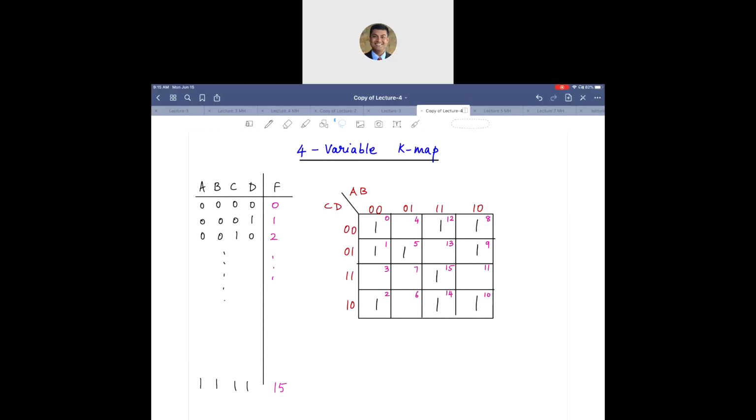Next, so let's try to answer which groups of 4 ones we can make. Edges wrap around. So my first group that I see is right here. I'm going to make that right here.